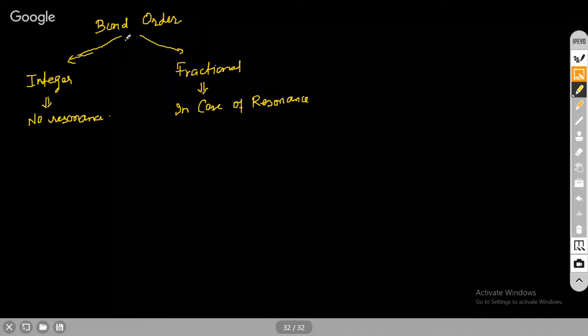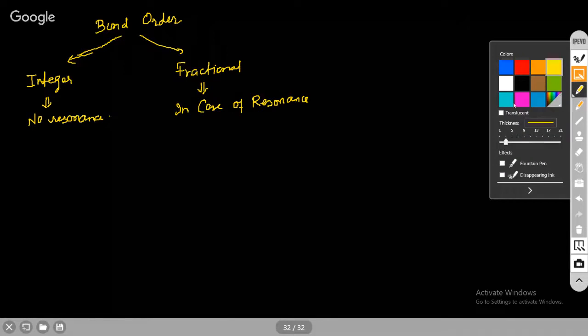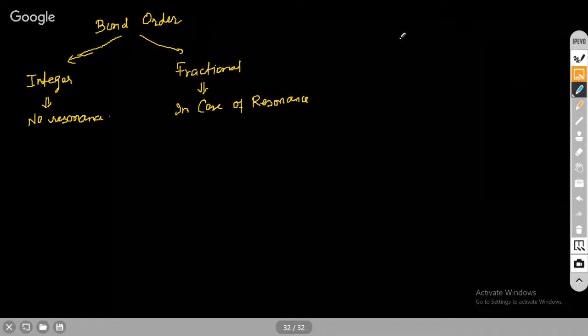So that we'll discuss later on. The first case we are taking here is the calculation of bond order when we have equal contributing structures, or we can also write it as equal contributors.